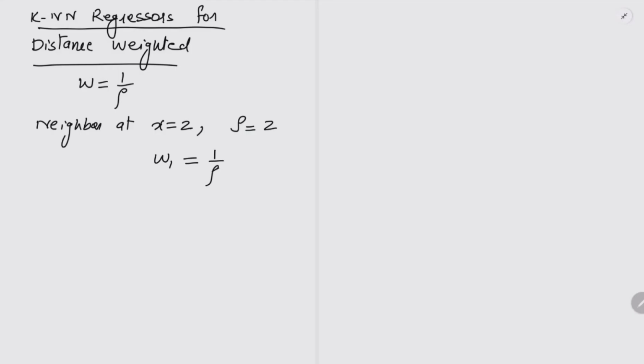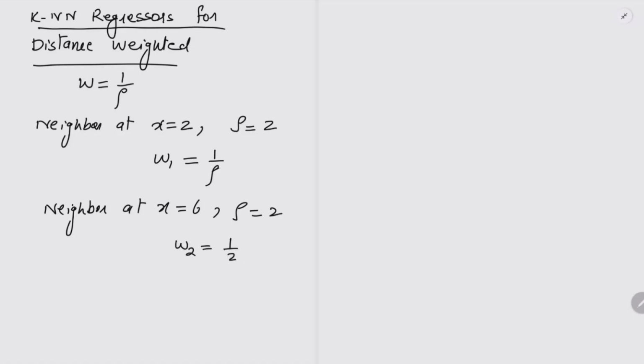Similarly, the neighbor at x equal to 6 has distance, for example, rho equal to 2, and we have w2 equal to 1 over 2.